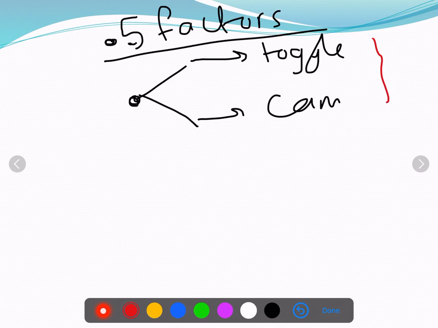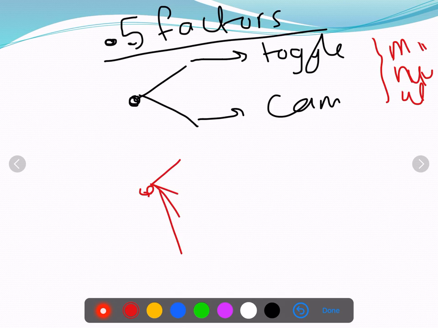A human should turn them on and off. Then we talked about some types of automatic switches: float switch, pressure switch, thermostat, and limit switch.